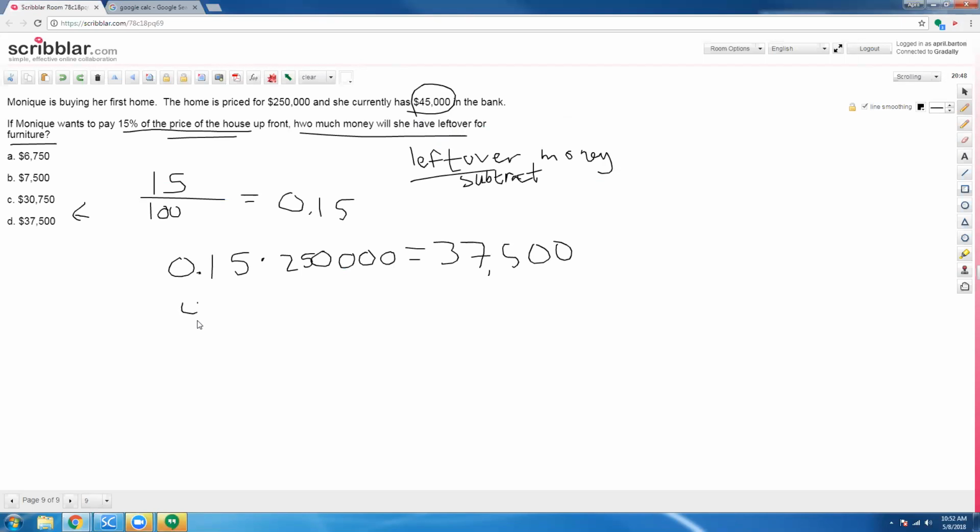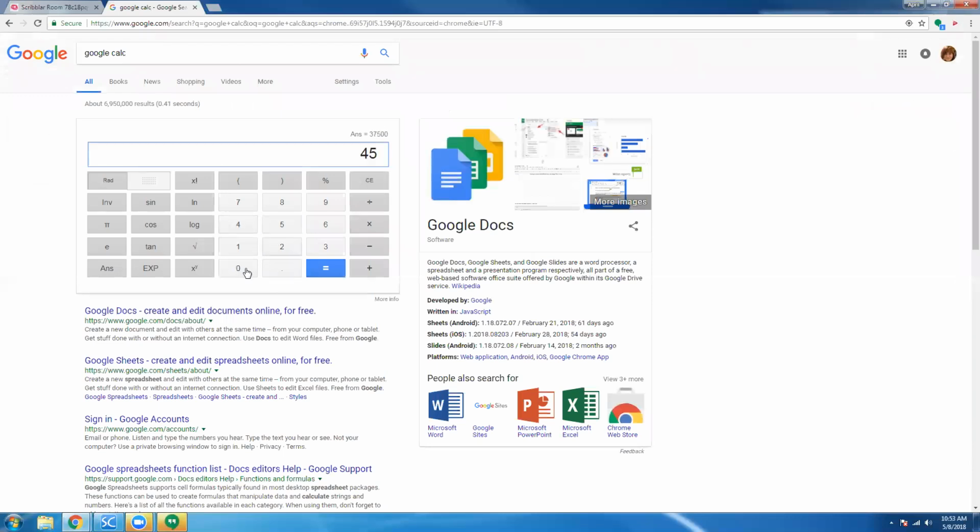So we do the 45,000 minus the 37,500. Which gives us 10,000. Oh, okay. Always check your calculator work.